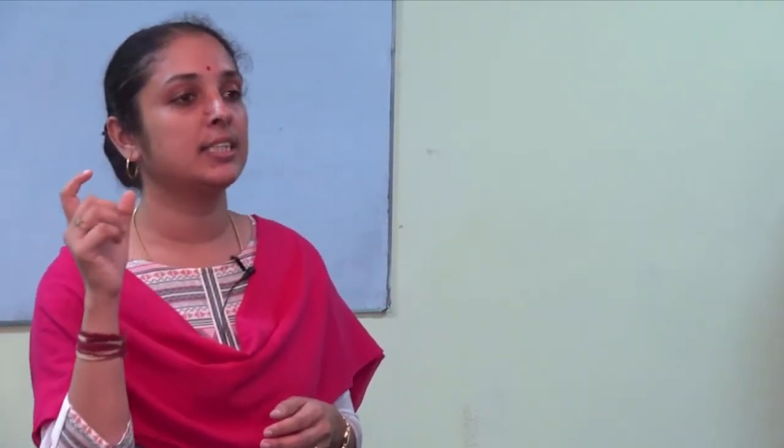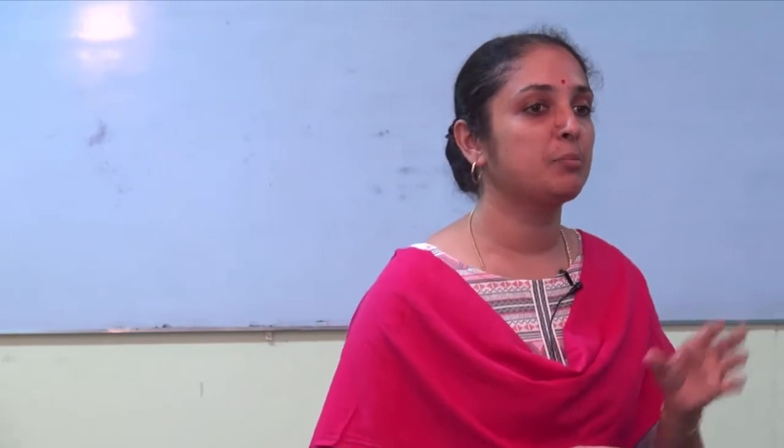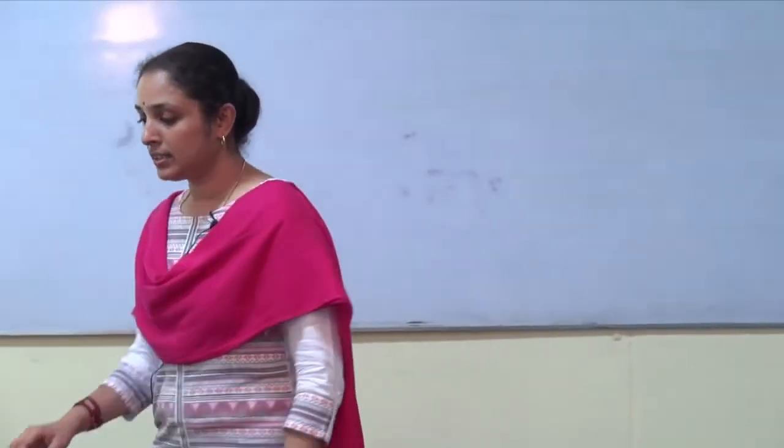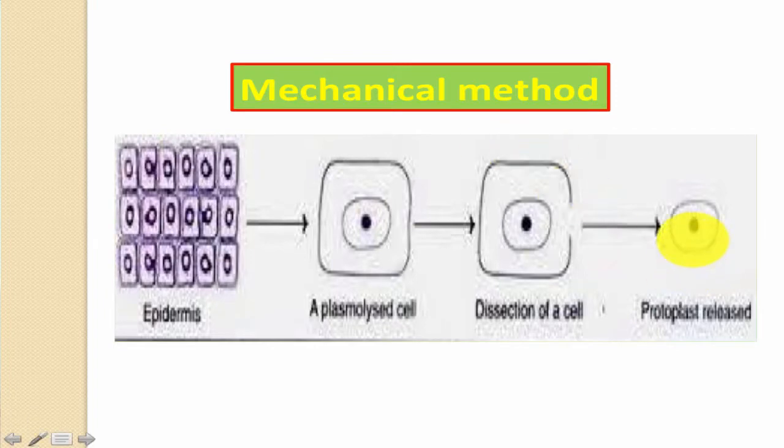Once the grinding and filtration are done, subject the solution to centrifugation. Centrifugation is done with a specific RPM, maybe around 2000 to 8000 RPM, for a period of 15 to 20 minutes. Once the centrifugation is completed, the protoplast is collected in the supernatant or pellet. What is this centrifugation called?